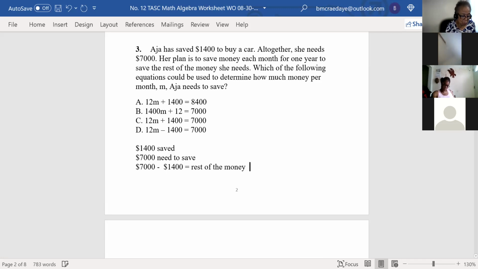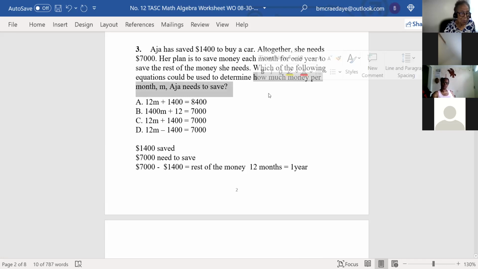Okay, so 12 months equal 1 year. So what would you do with the amount she needs to save in the 12 months? Because we're looking for how much money per month. Just tell me in figures how you would find it.